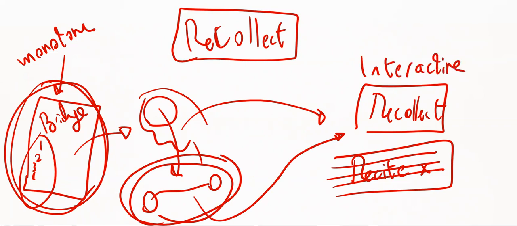Interactive recollection requires that you try and dig in your head to find how accurate and how different your ideas are in your head. What I mean is that interactive recollection happens in the form of questioning.